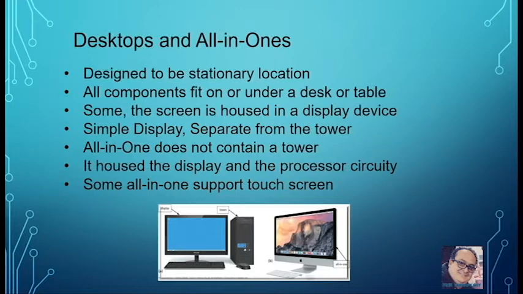The all-in-one is pretty much the screen, and inside the screen we have all the components, all the electronics. Instead of having a tower, we just have the screen. Some all-in-ones support touchscreen too.